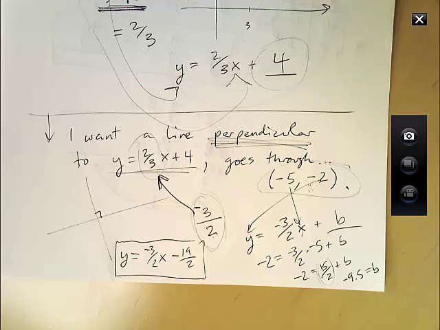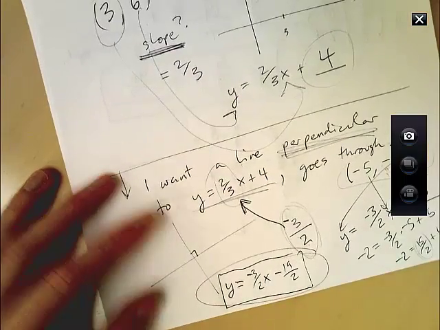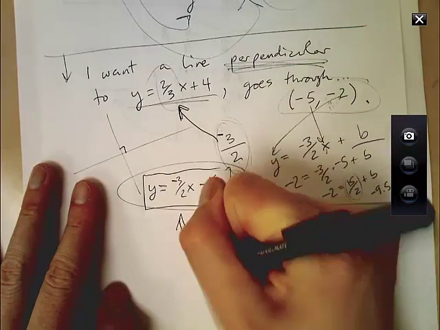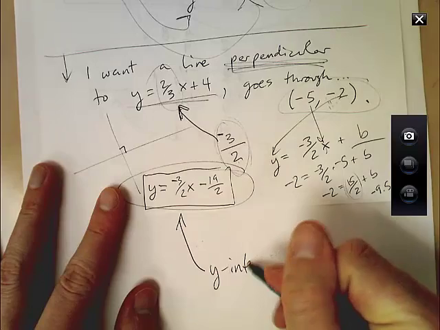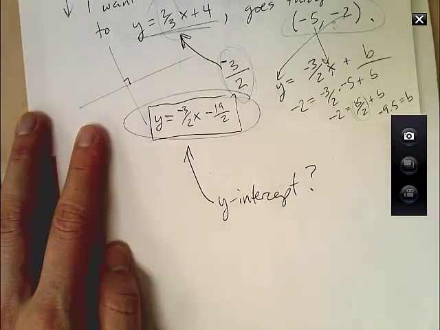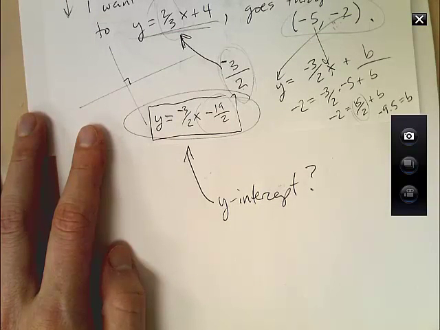Oh, x-intercepts. Okay, so let's just take this equation right here. So question about this: what's the y-intercept of that line? Well, you might recognize that this is the y-intercept. You might just know it's the number on the end.